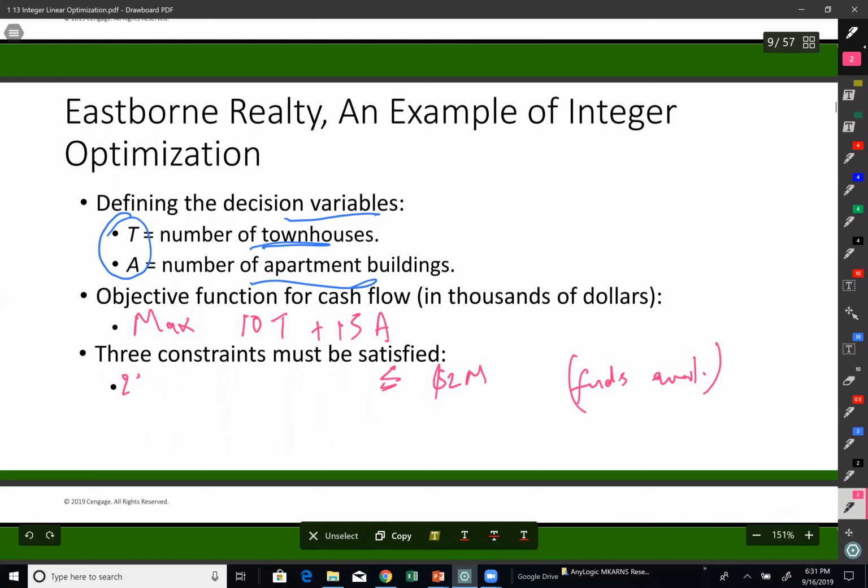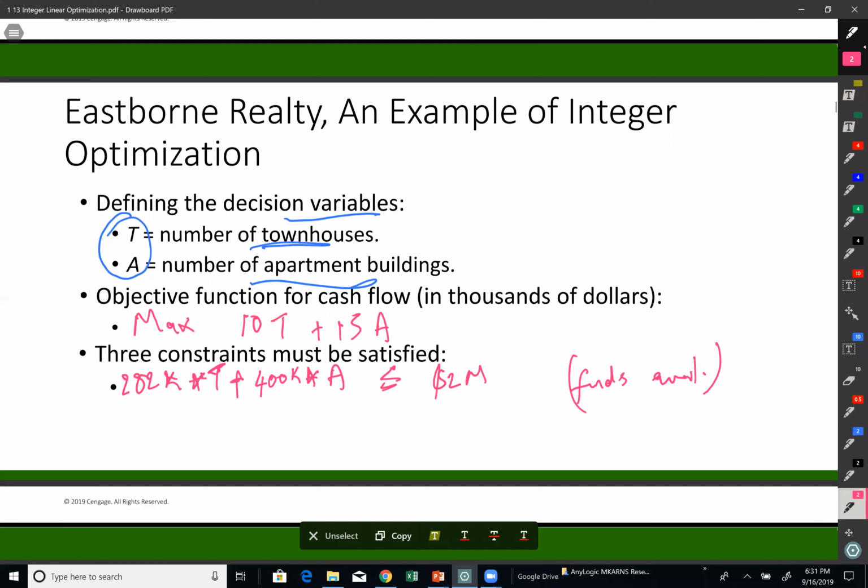So every townhouse will cost us $282,000, 282K, times the number of townhouses, T, plus $400,000 per apartment complex, so 400K times A. When I add these numbers, 282K T plus 400K A, it should be less than or equal to $2 million.